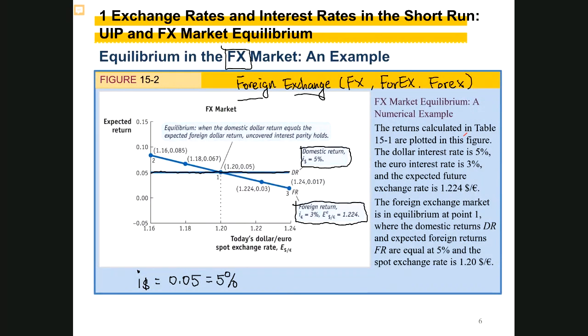And when we try to construct the graph we are looking at here, the vertical axis is the expected return. So this will be a horizontal line, right? Because the domestic interest rate does not relate to the exchange rate.